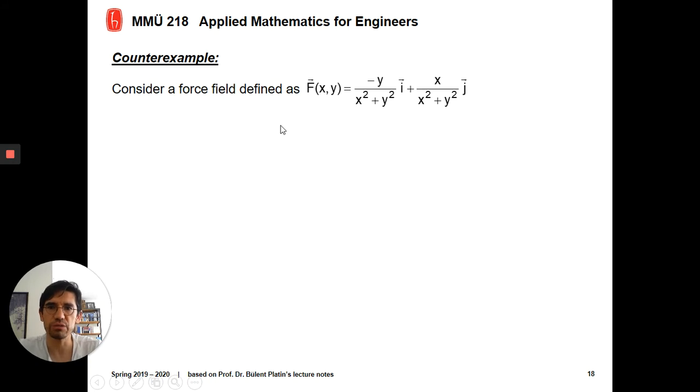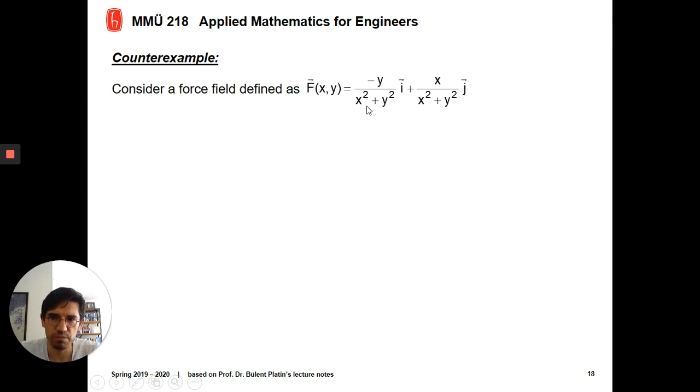There's a little counter example here. If I have a force field that is looking like this, I don't know if you noticed that, but I might have some troubles when I hit the origin, right? At the origin, I have a 0, 0, and divided by 0, 0.